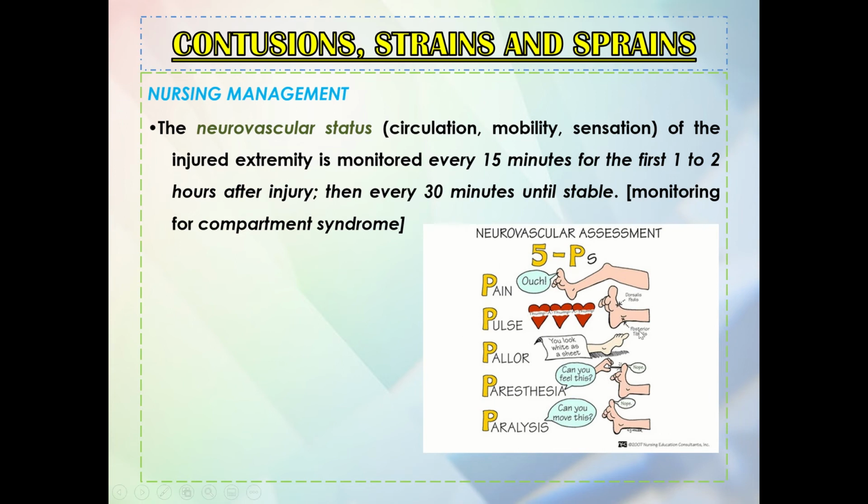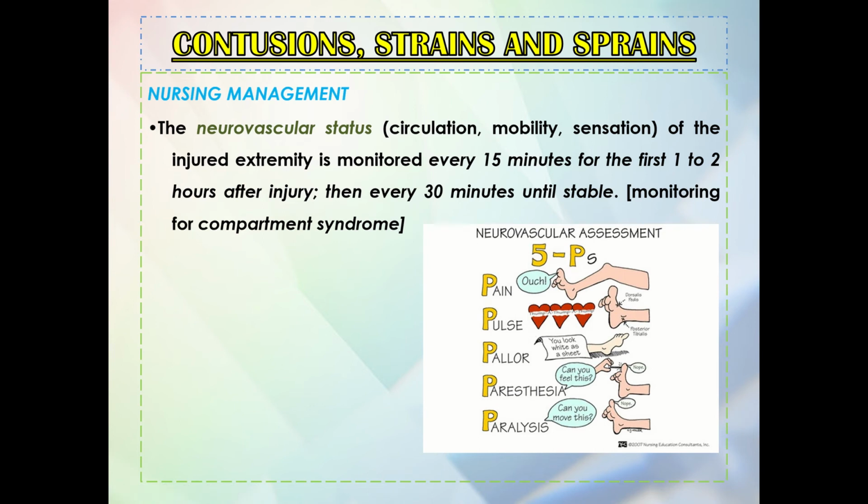And in our assessment of the neurovascular status, we're going to remember the 5 P's of the neurovascular assessment. So the first one is pain. So we are asking the patient for any pain on the affected body part, and then yung pulse, meaning yung pulselessness.